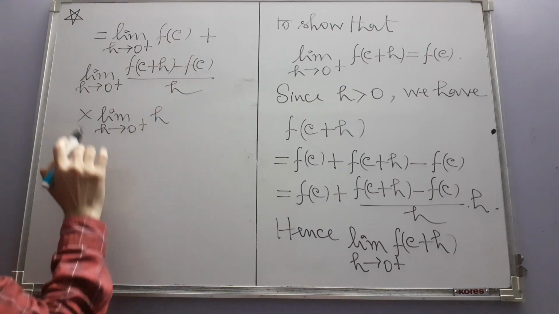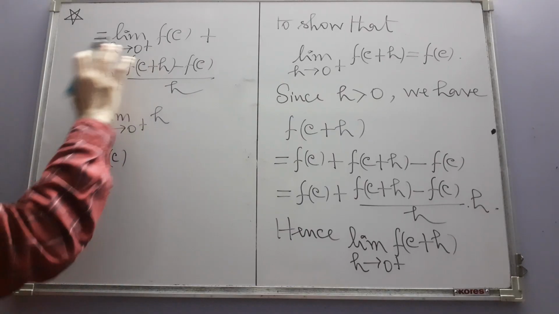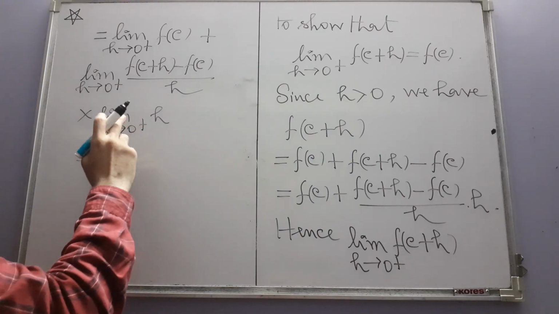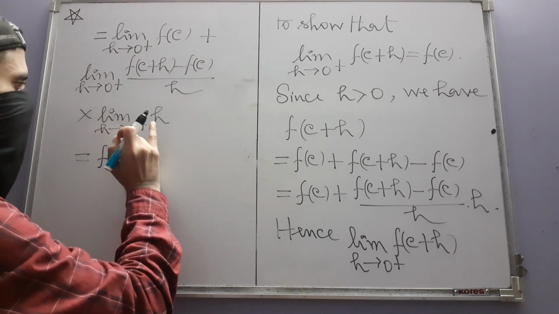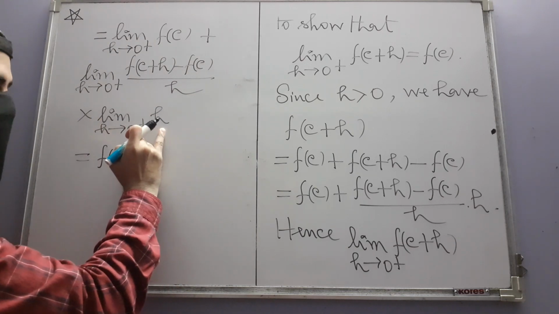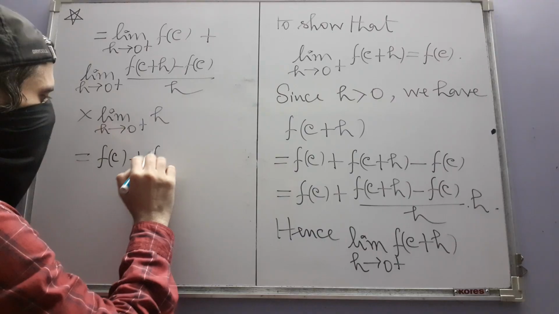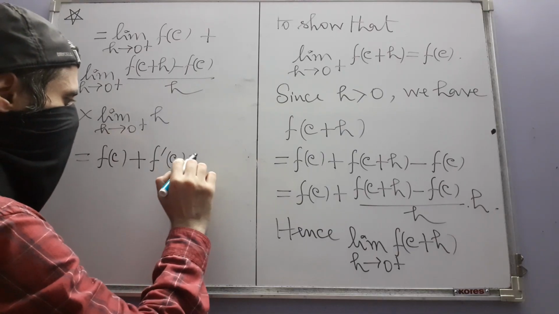Again, this is going to be f of c, because whether h comes close to 0 from the right side or left side, it does not matter, or from both sides, f of c is not changing. Here also we get 0, and this of course is the right derivative of f at c.